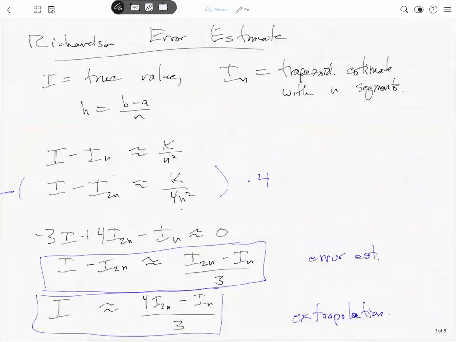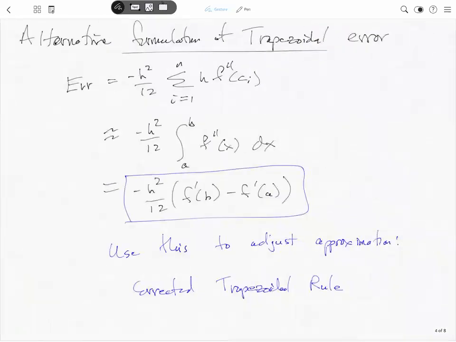Yeah, I took minus h squared over 12 and brought that outside, but I left one of the h's inside, and the second derivative evaluated at ci. This is f double prime evaluated at ci. It's not f to the 4th power, it's f double prime. Sorry about that.